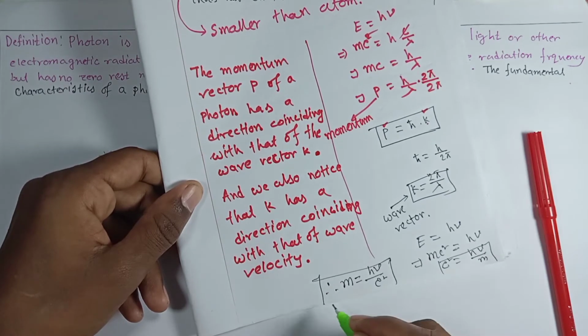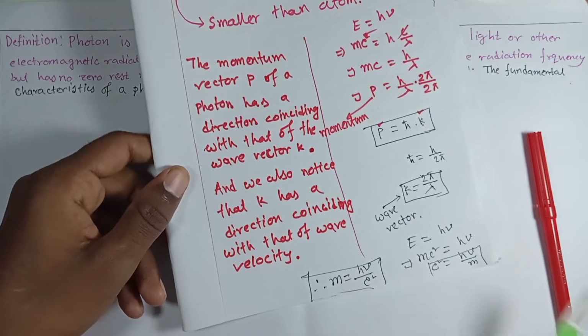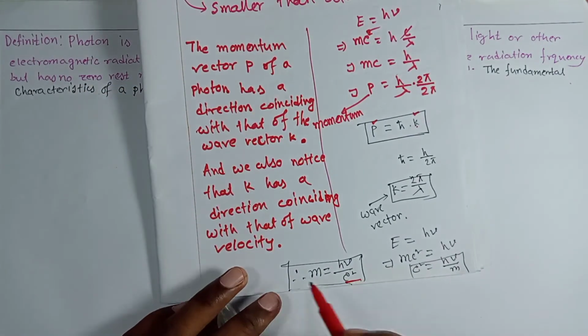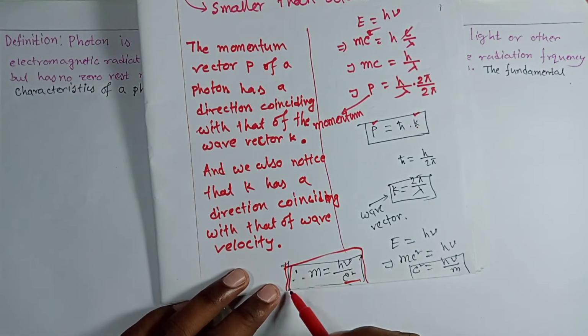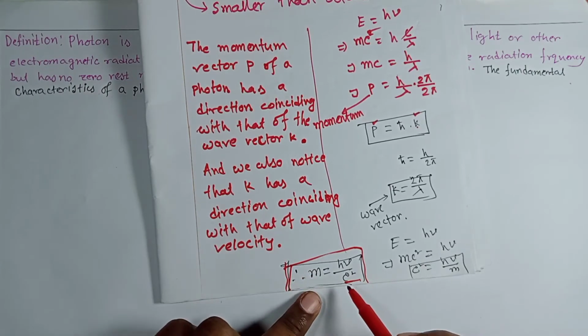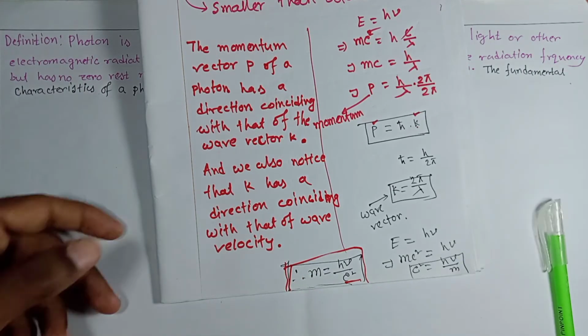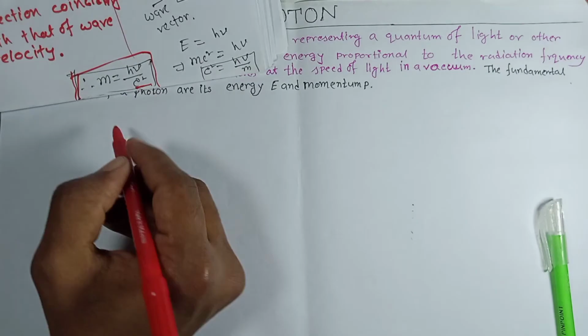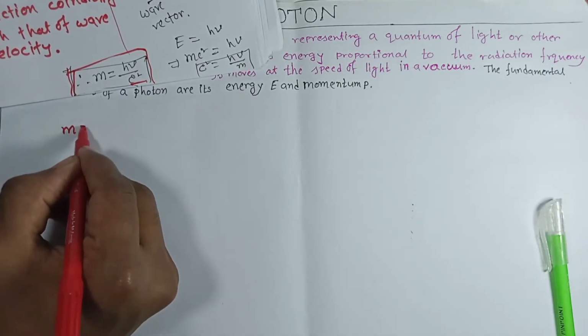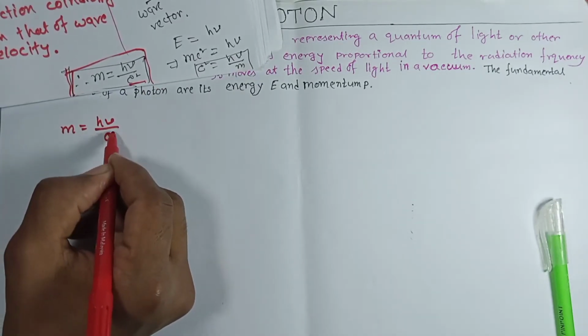This is the photon mass. The mass of the photon is m equals h nu upon c squared.